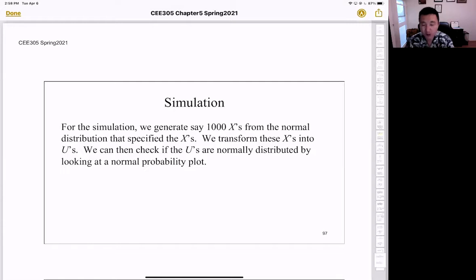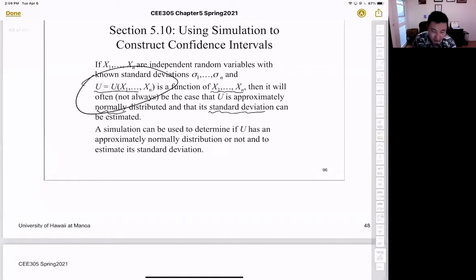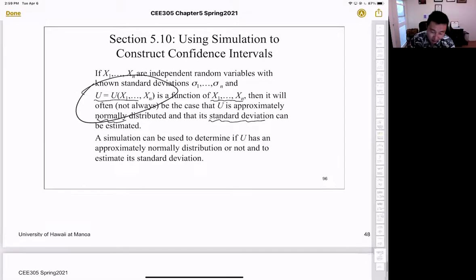We can use a computer program to do the simulation. For example, we generate 1000 x from a normal distribution, then transform these x values into u values depending on the function. Then we can check whether these 1000 u values are normally distributed or not. So again, we can use a computer to help us use simulation to construct confidence intervals.